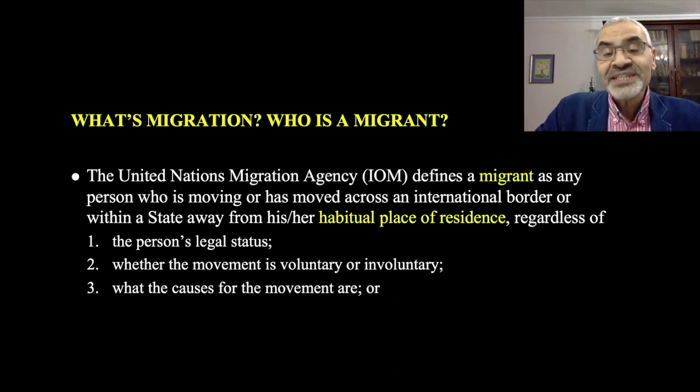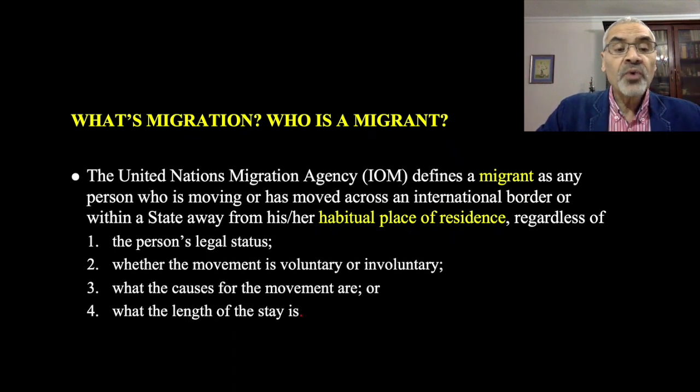what the causes for the movement are, or what the length of stay is. So these are the four conditions of defining migrants: regardless of legal status, regardless of the nature of the movement, whether voluntary or involuntary, and also regardless of the cause of the movement and the length of stay.